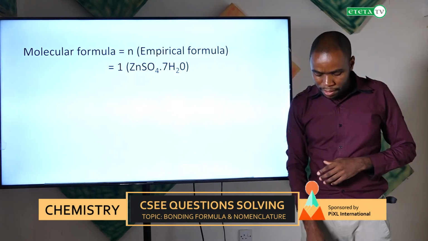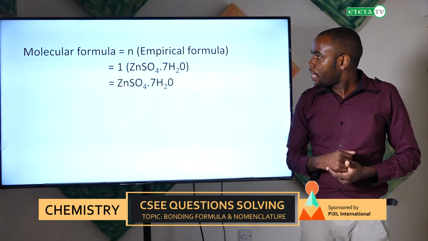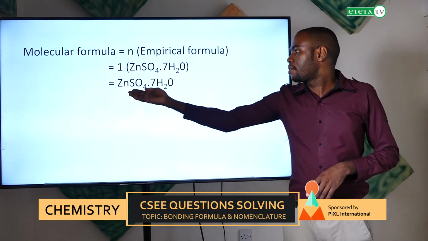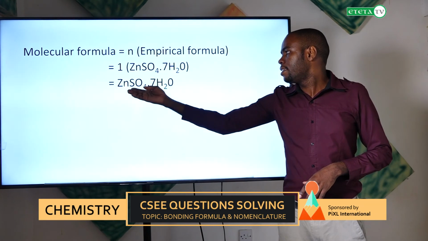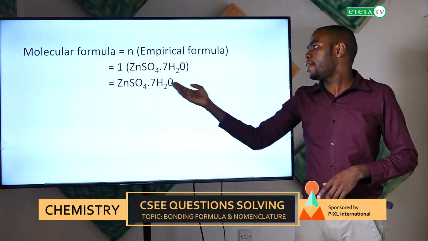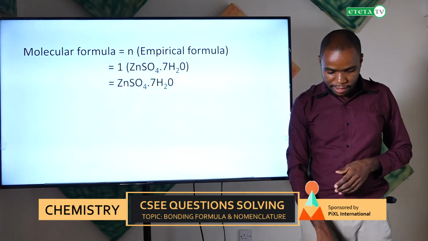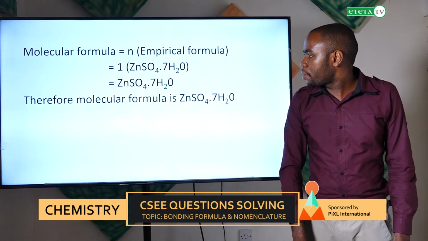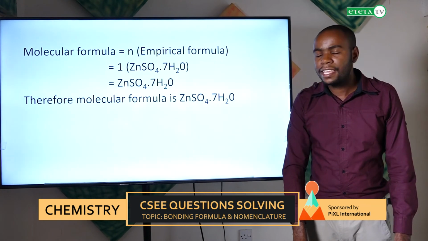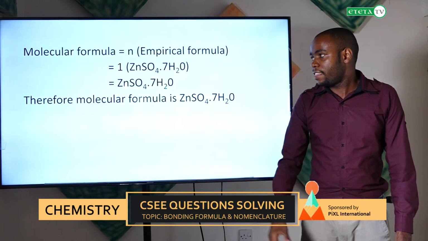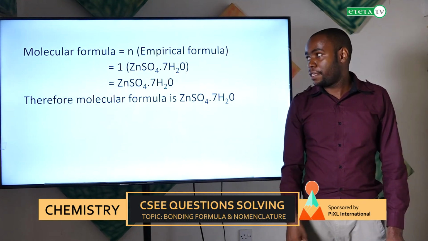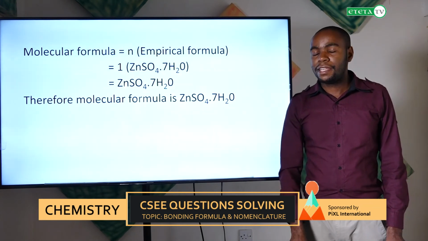So the molecular formula is ZnSO4.7H2O, zinc sulfate heptahydrate. This is the molecular formula from the question you have been asked.